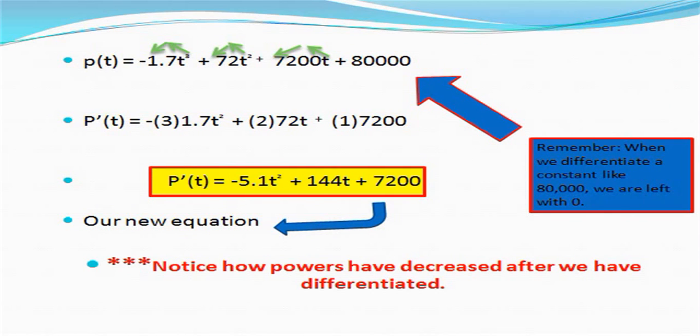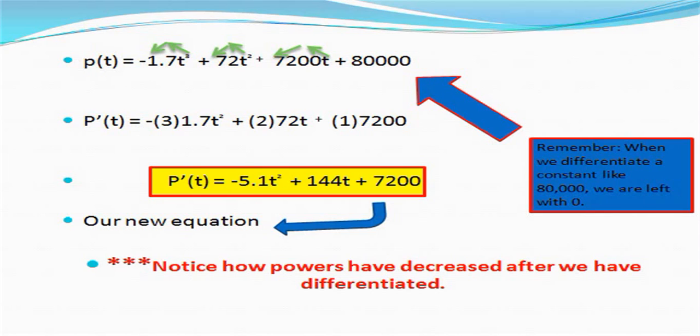Right, so again, this equation looks quite scary, but if you're just neat and follow the simple steps, it's not too bad. So we're told that p of t equals minus 1.7t cubed plus 72t squared plus 7200t plus 80,000.